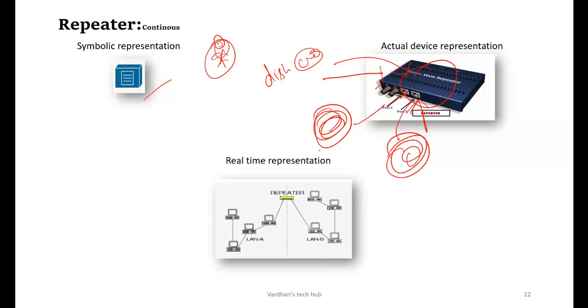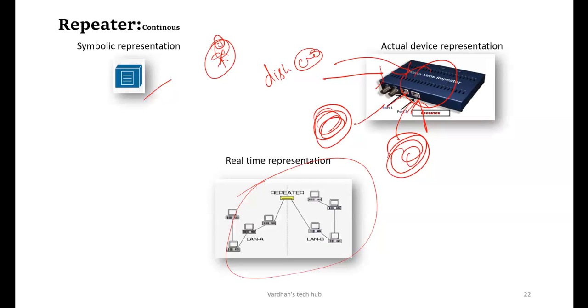This is how we can use repeaters in real time. Nowadays no one is using repeaters, but in the old days they were available. But we need to remember what a repeater is and what its functionality is. Clear? What is a repeater? Yes. Okay, let's go further.